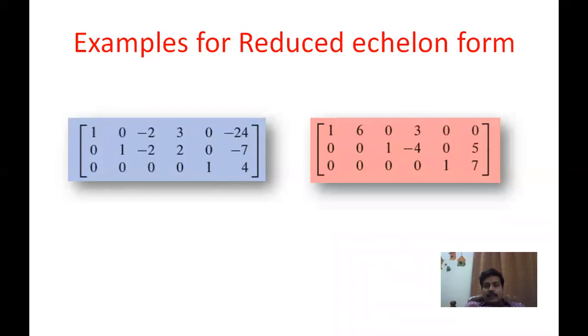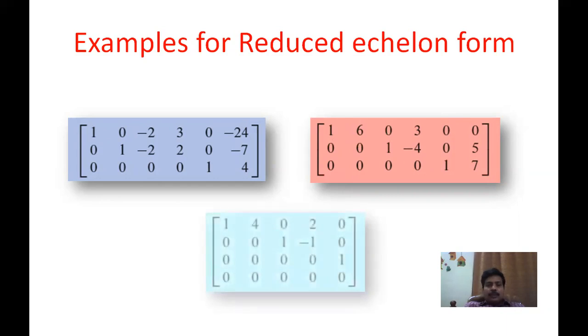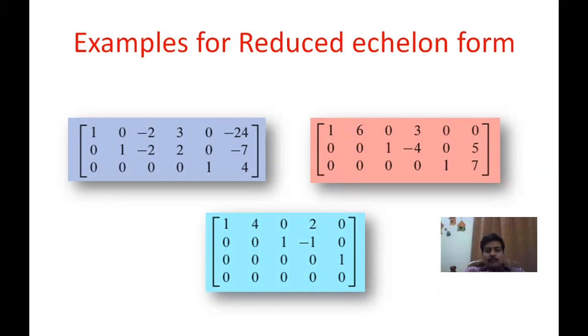So this is another example of reduced echelon form. Here too you can observe 1, 1, 1. The 1, 3, 5 columns are pivot columns, which have only zeros and the leading entry as 1. And this is one more example of reduced echelon form.